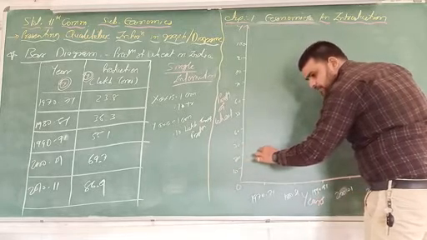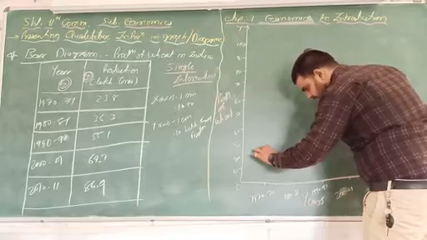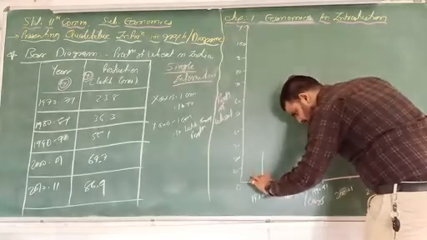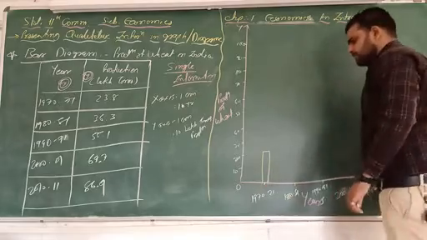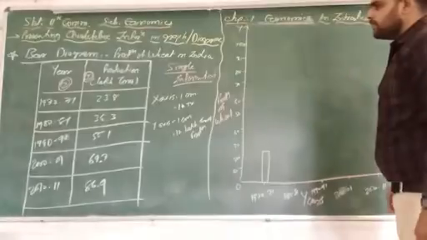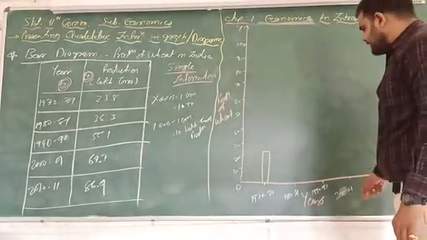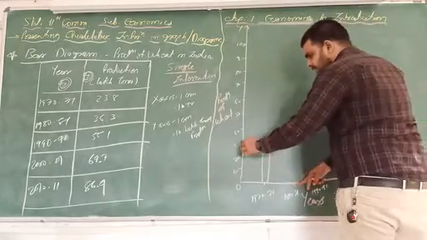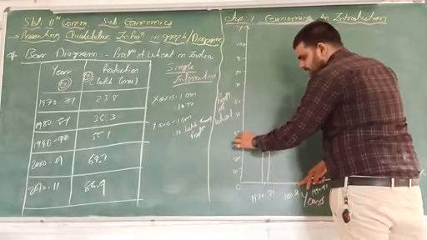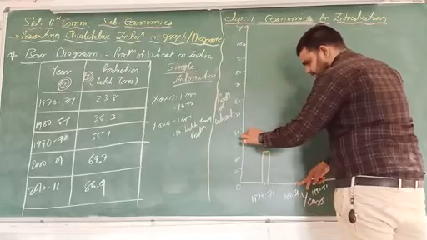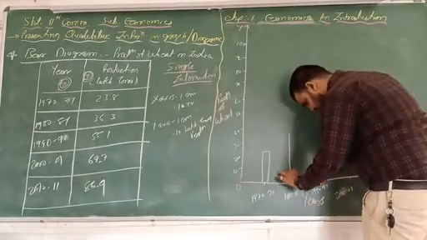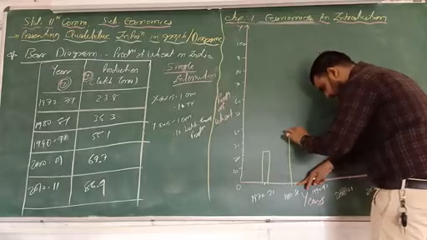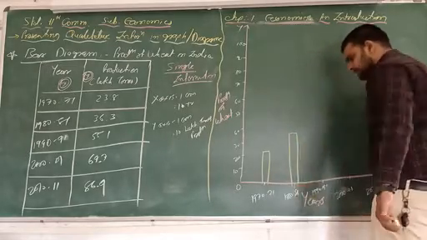Here I will draw from this one to this one. Number 2: 1980-81, 36.3. It is between 35 and 40, 36.3. Again we have to draw a bar diagram. So this is the second one.